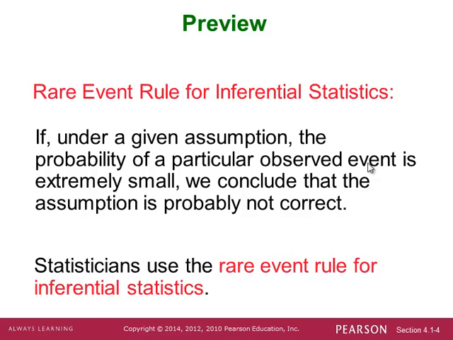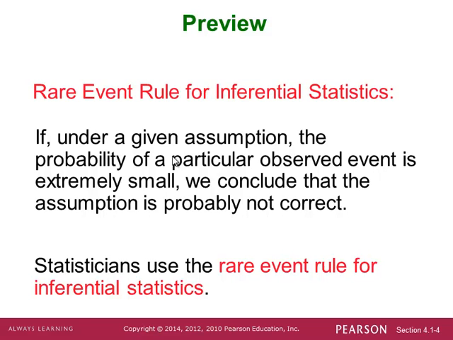And we're going to come across the rare event rule for inferential statistics, which basically means that if we are making an assumption and then we calculate the probability of some sort of outcome, and under the assumption that we made the probability of an outcome is small, then that calls into question the assumption that we had made.